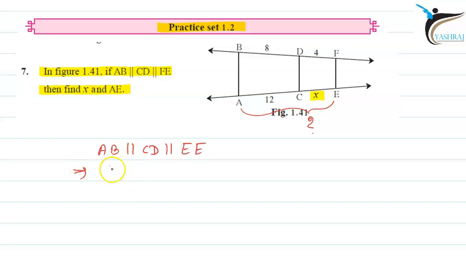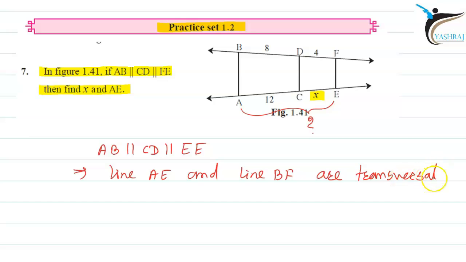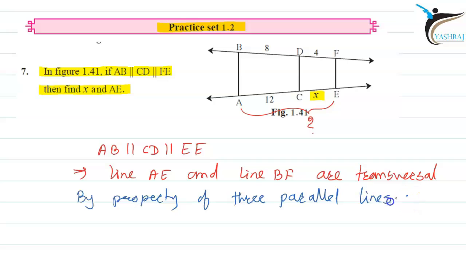Now since AB is parallel to CD is parallel to EF, we can write that line AE and line BF are transversals, because they intersect the three parallel lines. Once we have three parallel lines and their transversals, we have the property of three parallel lines and their transversal.